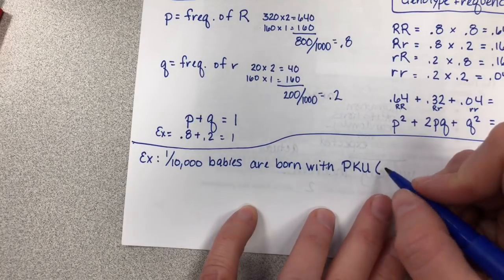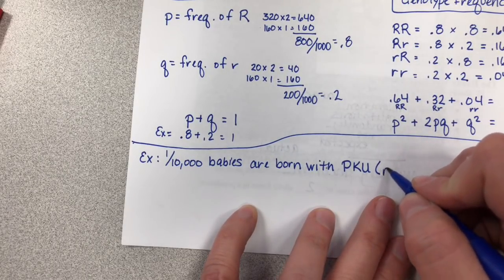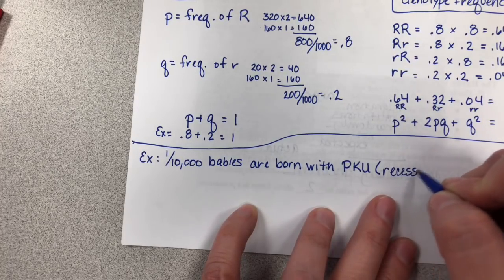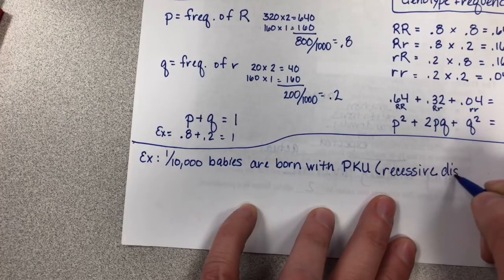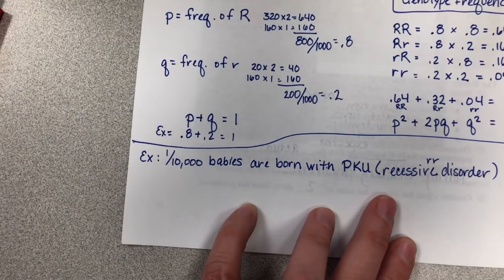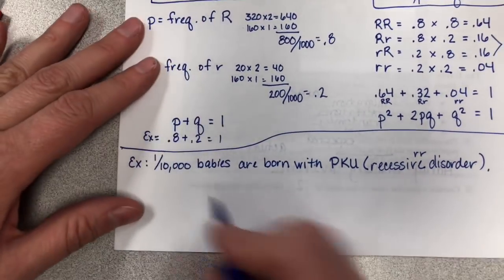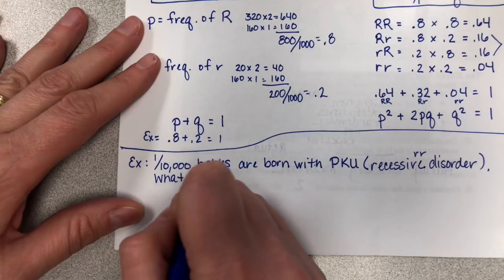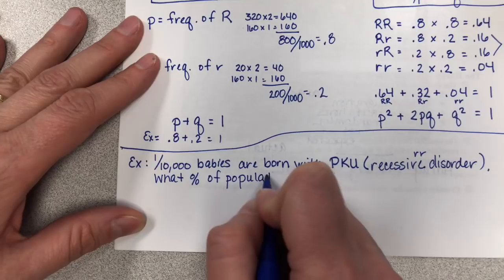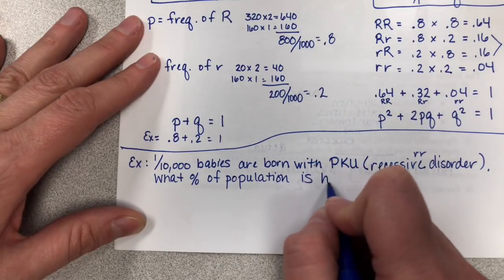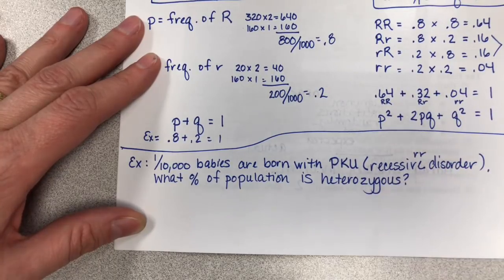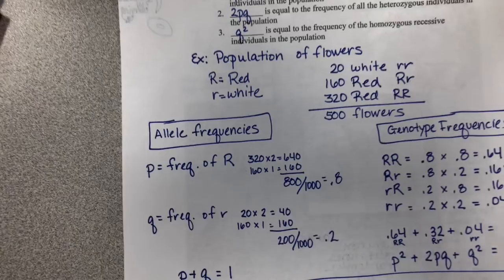They have trouble digesting phenylalanine. This is a recessive disorder. So everybody who has that is going to be little r, little r. My question to you is, what percent of the population is heterozygous? I'm going to have you pause this and see if you can do that.